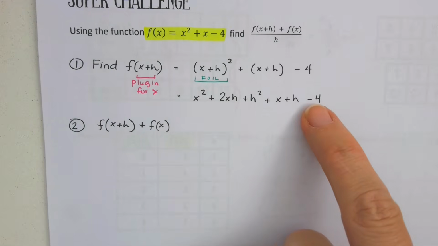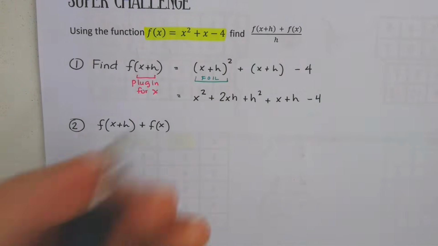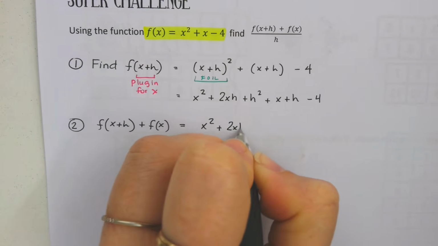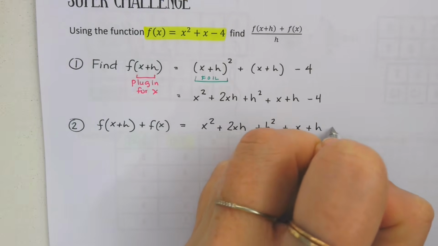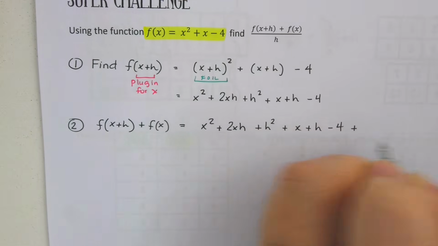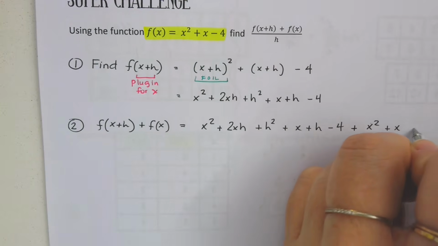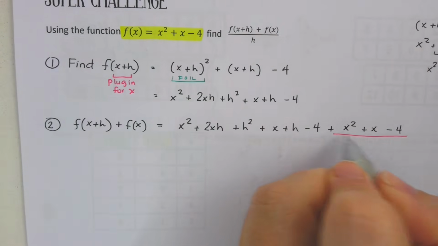So we're going to take the answer that we just got, plus, and then here's my f of x over here. X squared plus x minus 4. All of this is my f of x.